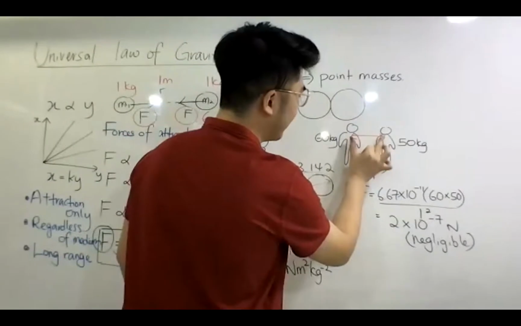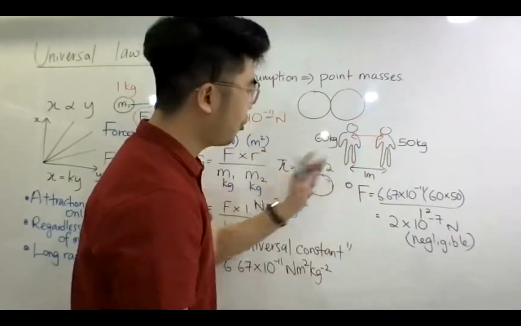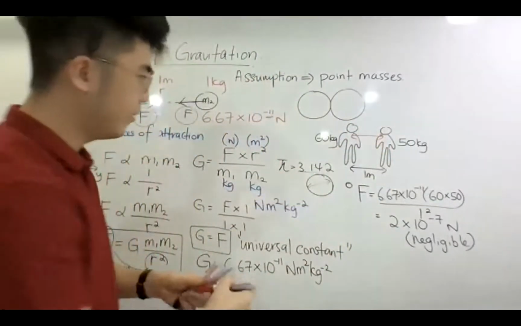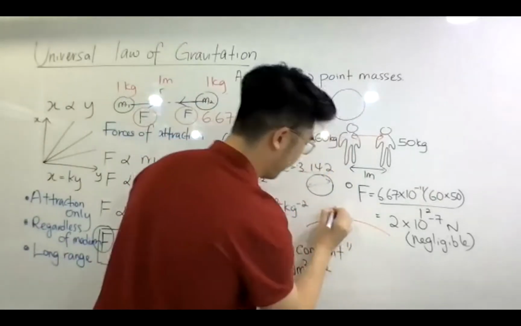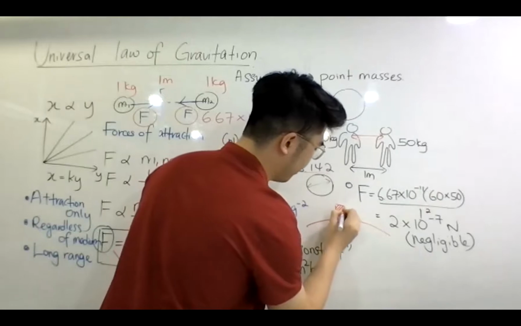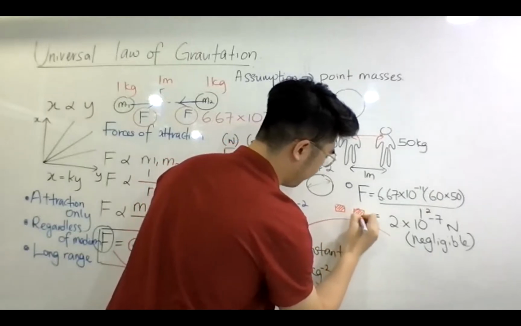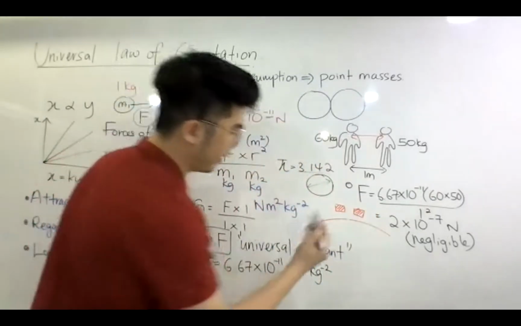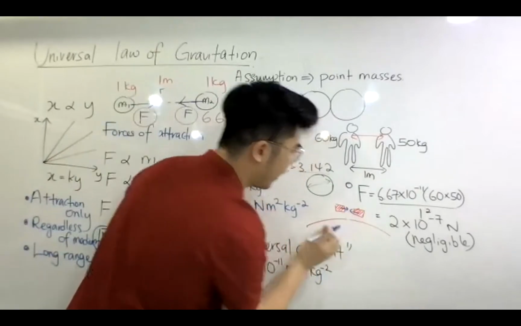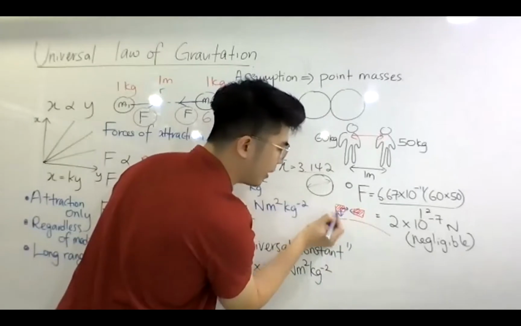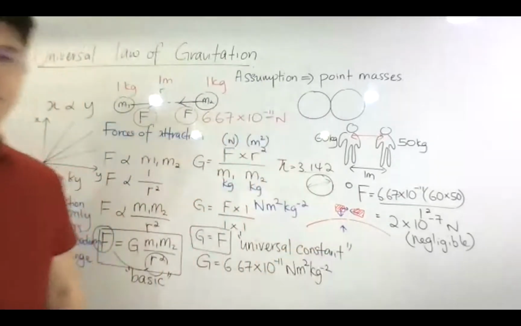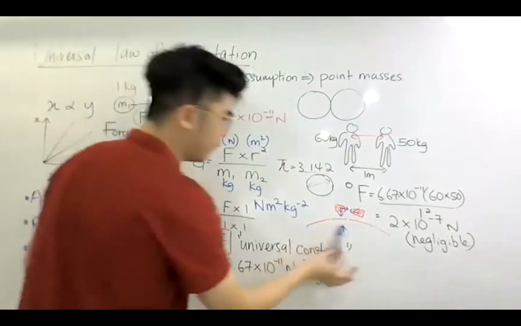Now, here, the force of attraction, if you compare to the Earth, here, this is the Earth, and here are the objects on the Earth. These two objects, they attract, right? They attract, and this force is very small compared to the Earth and the object. The Earth and the object also attract like this. Right?